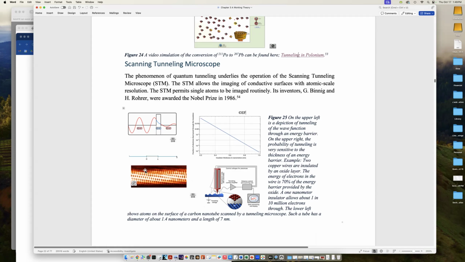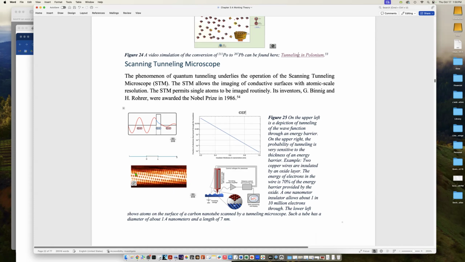And here's an application. This is called a carbon nanotube. Sorry about the spinning wheel. It's Microsoft Word updating this document. This is a carbon nanotube. This is a kind of a relatively recent invention. People know how to make these carbon tubes. And look at the dimensions of this. It's 7 nanometers long.